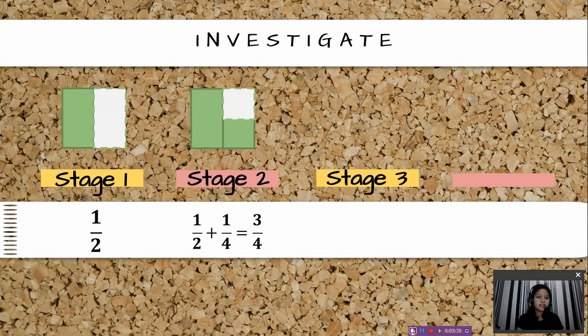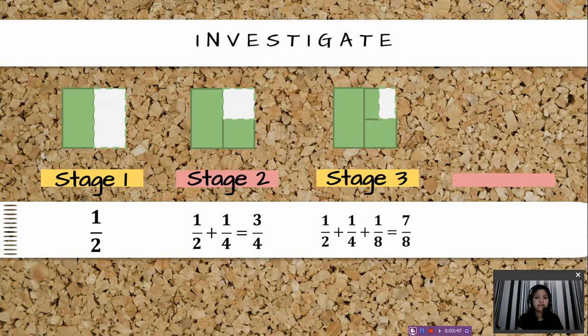Next, continuing the process, let us cut again the remaining piece into half and lay it down. What do we get? 1/2 plus 1/4 plus 1/8. That is 7/8 of the whole.